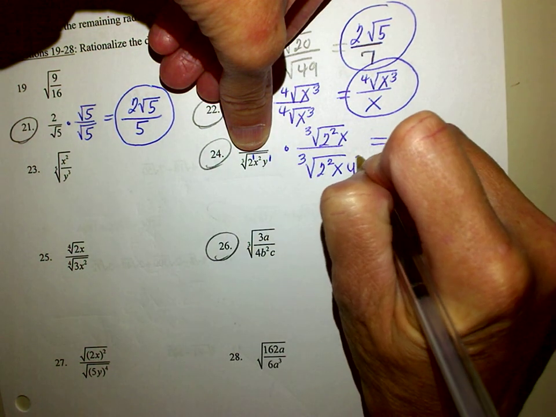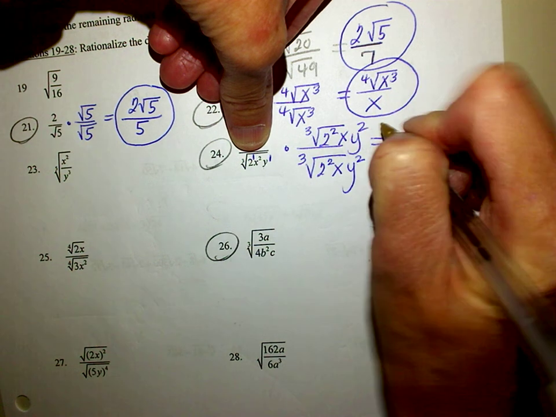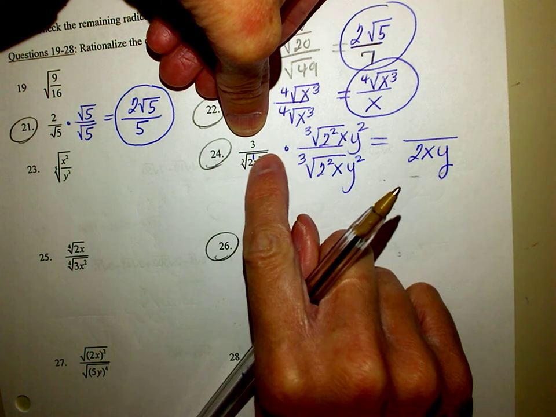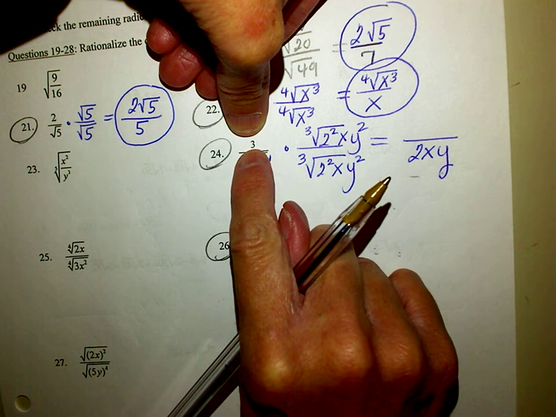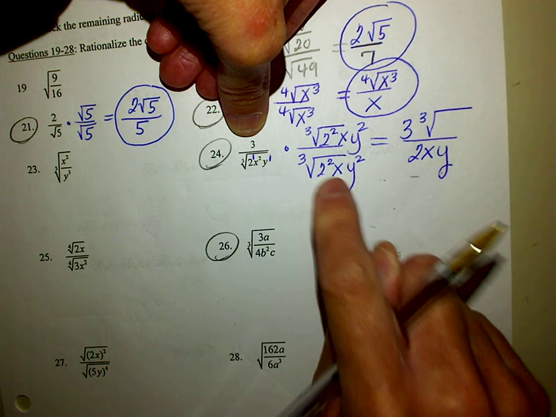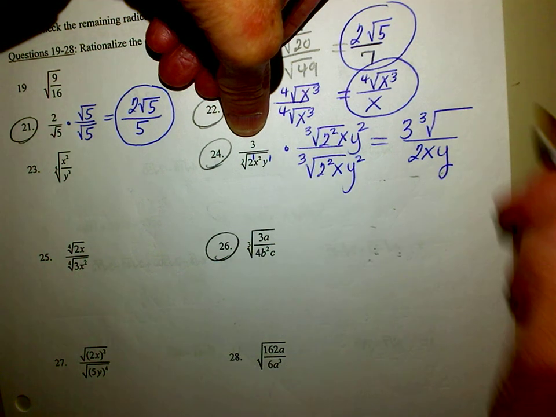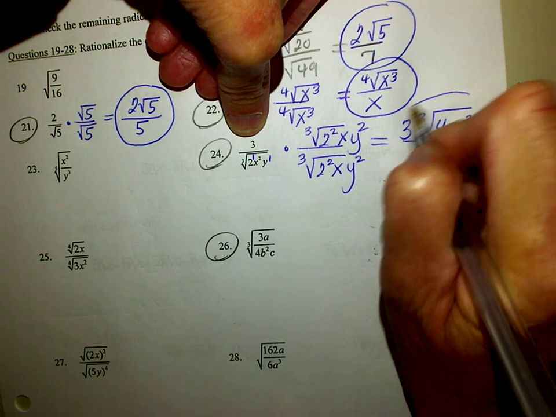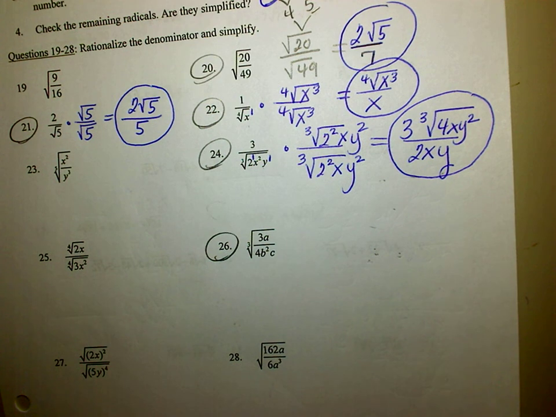I need 2 more. Okay, so I'm going to take 3. I can't multiply 3 by anything under here because it's outside. And then I've got the cube root. This becomes 4. And then x, y squared. That is my answer.